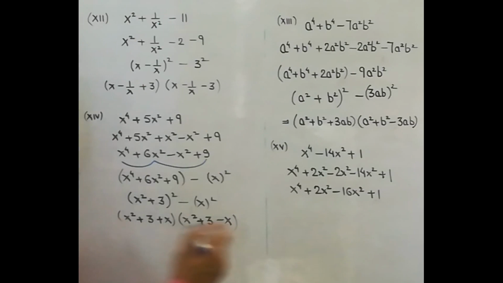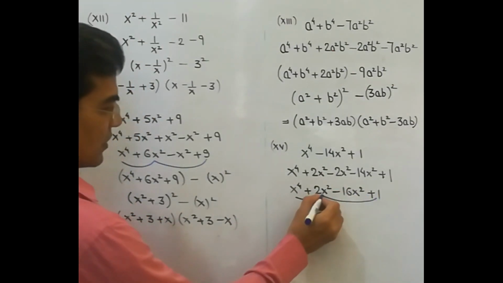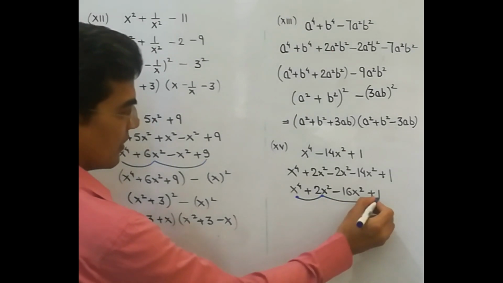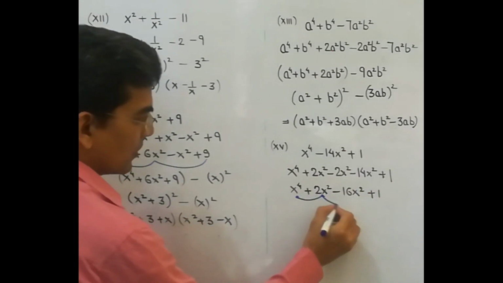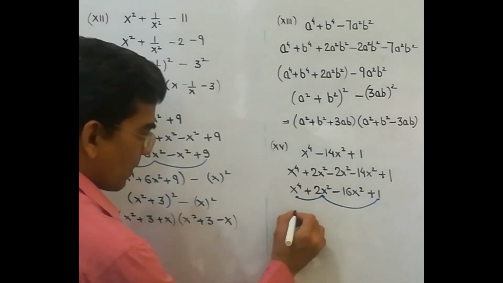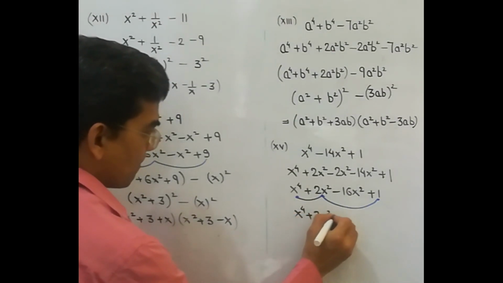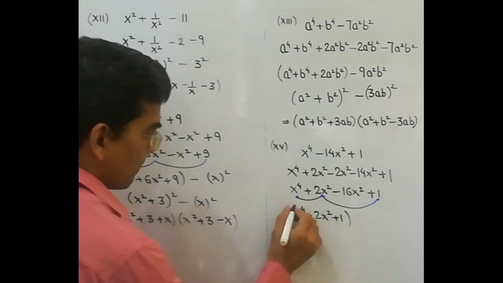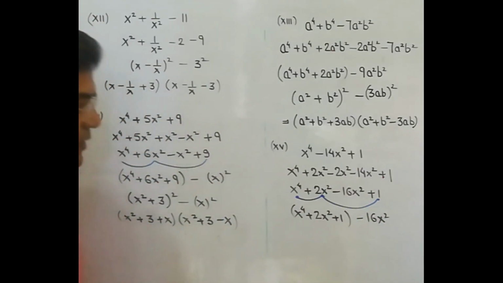Now if you see, these three taken in one group, this, this and this, will give you a perfect square. See. And we are left with minus 16x square.